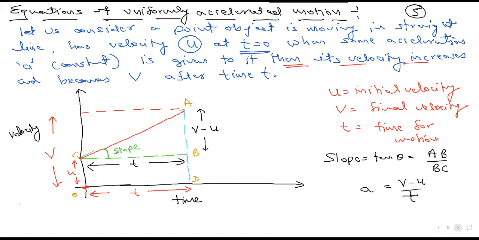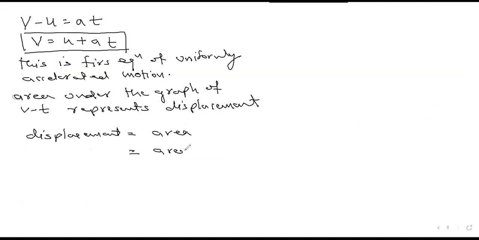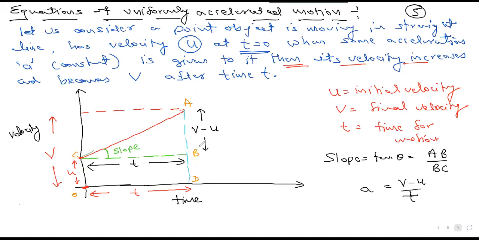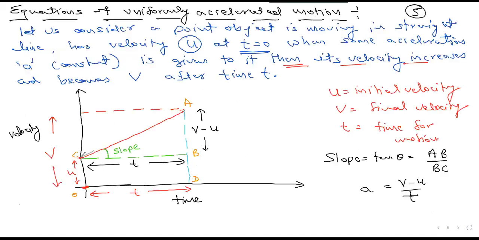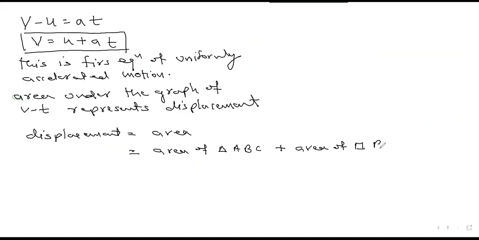So what did I write? Area of triangle, the name ABC, plus area of rectangle, check it, COD or BCOD.